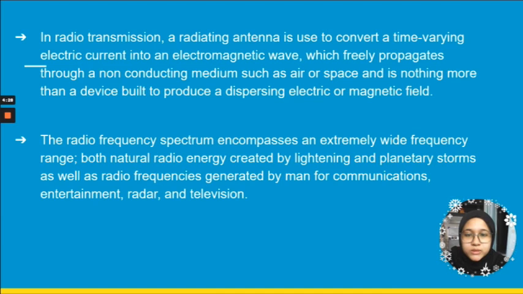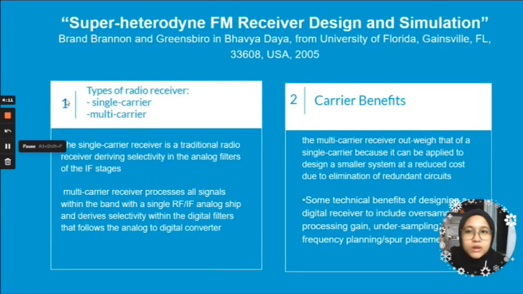Next, the radio frequency spectrum encompasses an extremely wide frequency range, and includes both natural radio frequency energy created by lightning and planetary storms, as well as radio frequency generated by man for communication, entertainment, radar, and television. For the topic Superheterodyne FM receiver design and simulation, it states that there are two types of radio receiver, which are single carrier and multi-carrier.